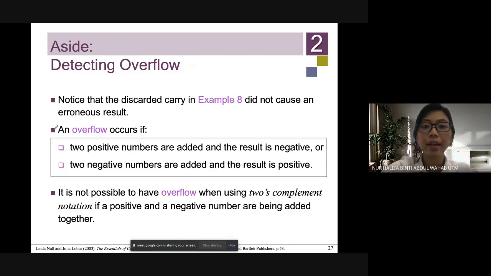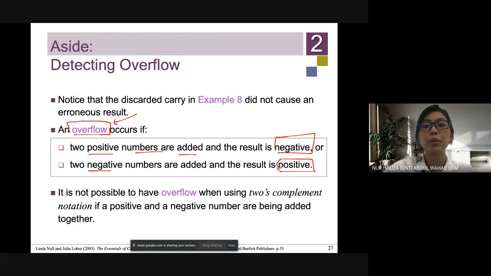So there are only 2 conditions to have overflow. First is 2 positive numbers added, positive plus positive, and suddenly you get a negative result. So it's called overflow. Another situation, when you have 2 negative numbers, you add them together, but your result suddenly is positive.